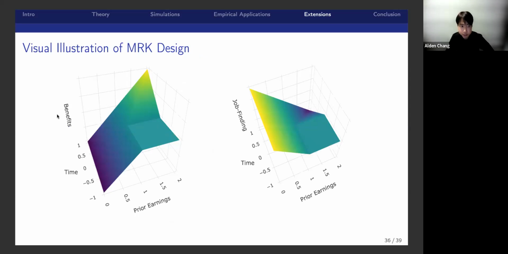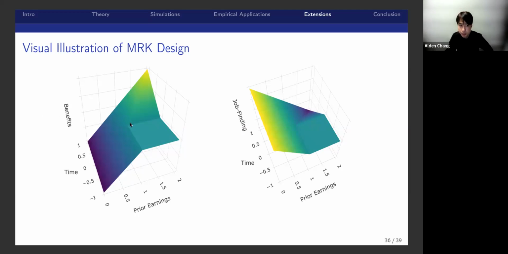On the left, we have UI benefits as a function of time and prior earnings. And here we can see there are actually multiple kinks. Here we have the kink prior to the unemployment formula being gradually raised. We also have a kink here. If we look at the right figure, which shows the job finding probability as a function of the two variables, time and prior earnings, we see corresponding kinks in the outcome response surface.